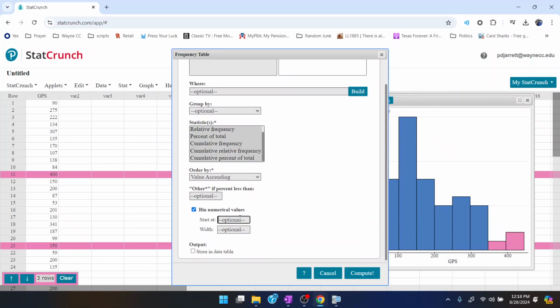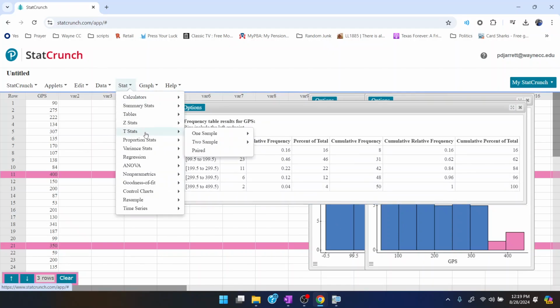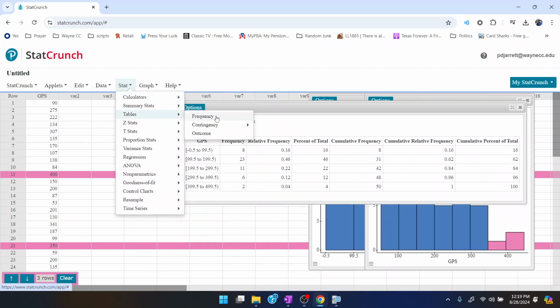But make sure you bin it. Like for the first one, I have this. And I could make another frequency table. Not on the test, but you can use this on your case study.